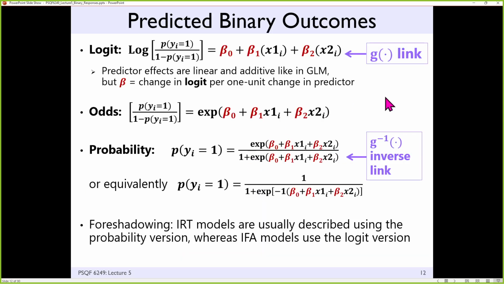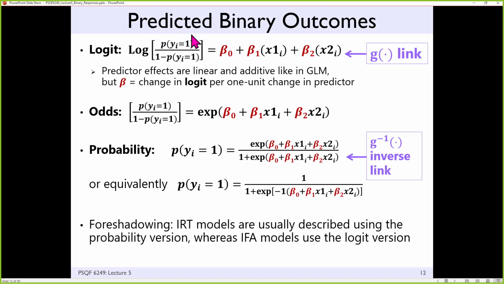Okay, so here is the same model 4 ways. The difference is what's on the left-hand side. My personal preference is the top one. So rather than predicting the probability of a 1 directly, we are taking the probability of a 1 and dividing it by the probability of a 0, and then taking the natural log of that.